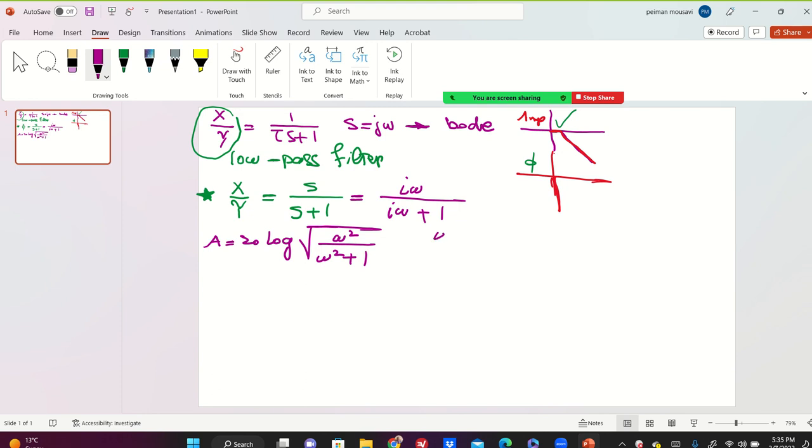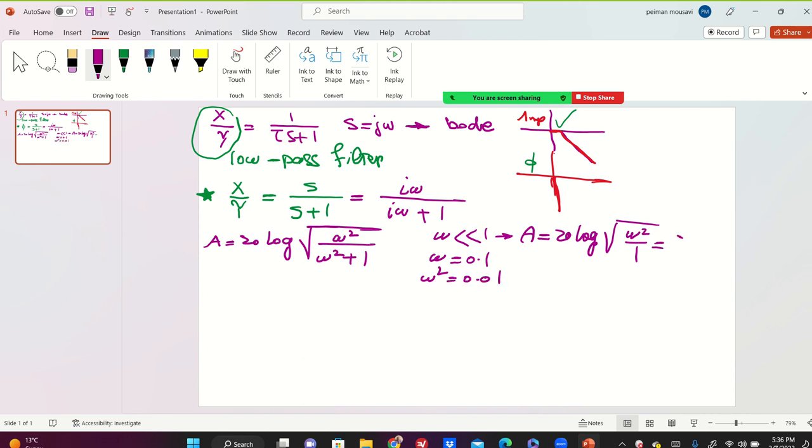Now, if the omega is much smaller than 1, let me put a number. Say omega is 0.1. It's much smaller than 1. So you're gonna write this as omega squared over 1, because 1 is much greater than omega squared.